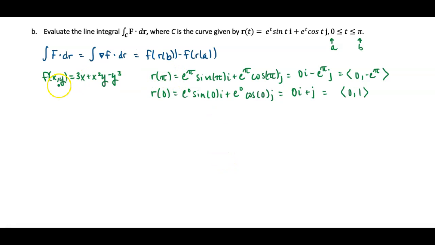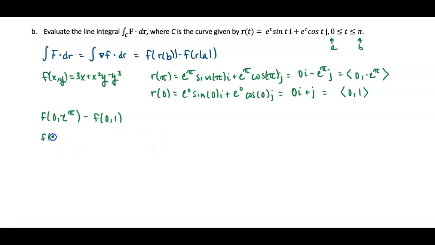And so I've just got f of r of pi, which really means f of 0, negative e to the pi, minus f of r of 0, which is f of 0, 1.